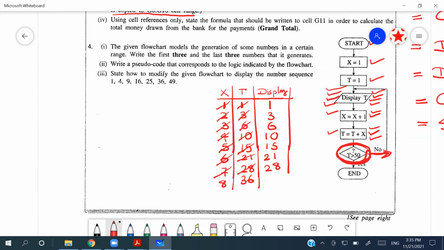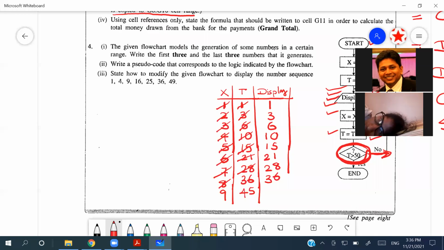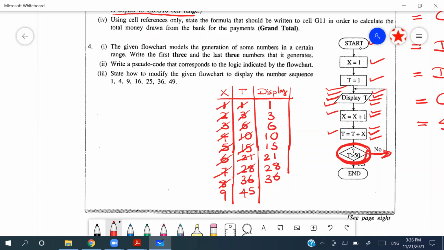Displays t, 36 will be displayed. 8 will become 9. 36 plus 9 will happen, which is 45. So 45 is not larger than 50, so 45 will be displayed. That is over here.